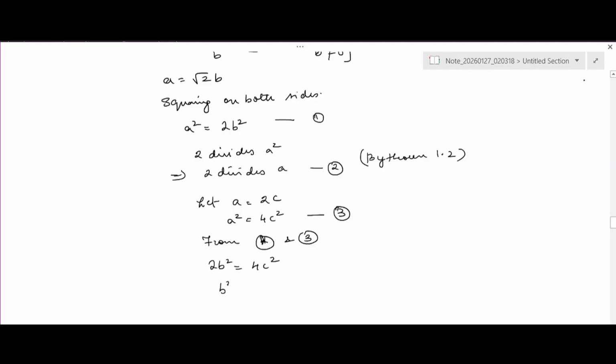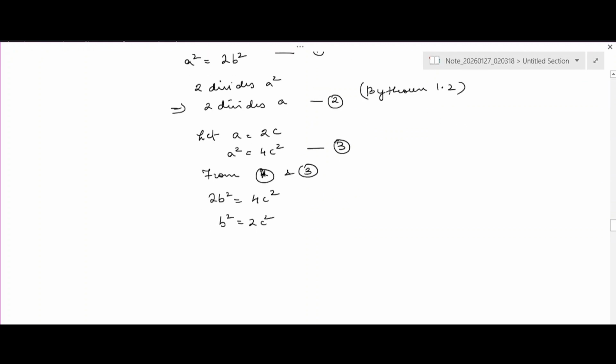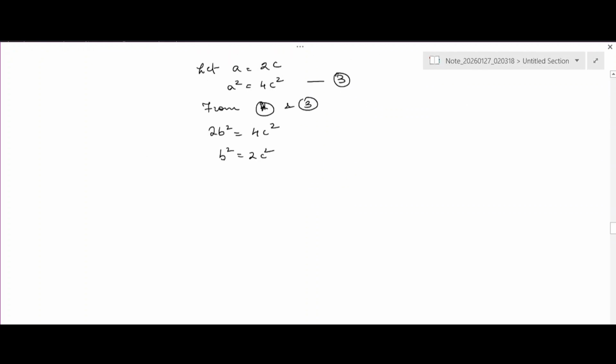So b squared is equal to 2c squared. So 2 divides b squared, which implies 2 divides b. This is the fourth one.